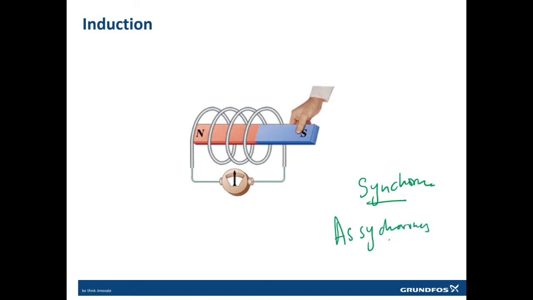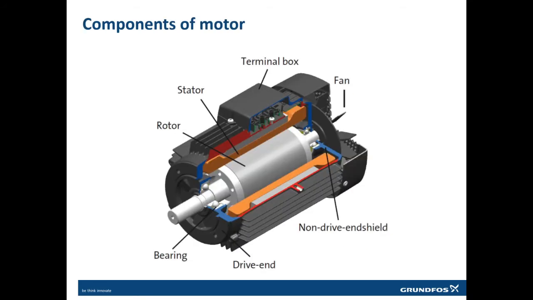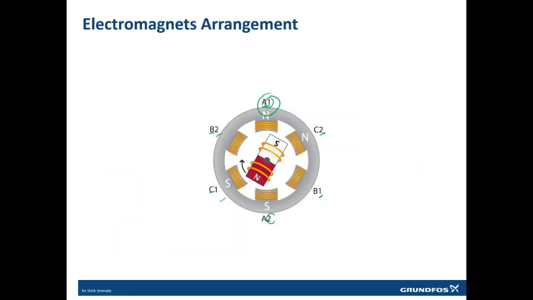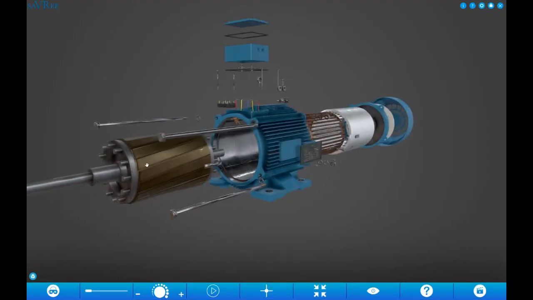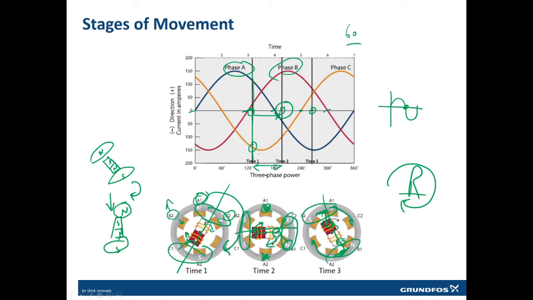Why asynchronous? Because the speed of this rotating magnetic field will not be the actual speed of this rotor inside the pump or inside the motor, because a few rotations will be required in the beginning to make this metallic rotor, which is this, a real magnet.